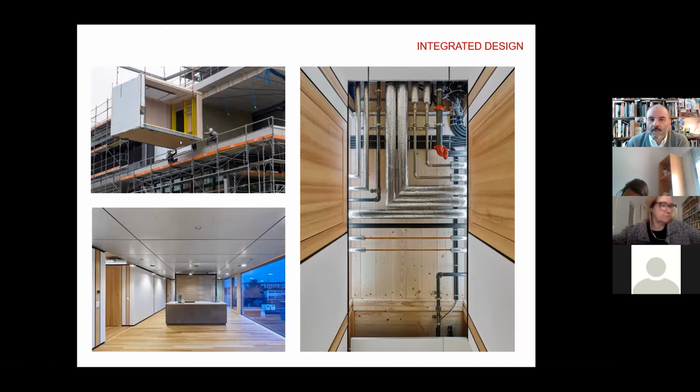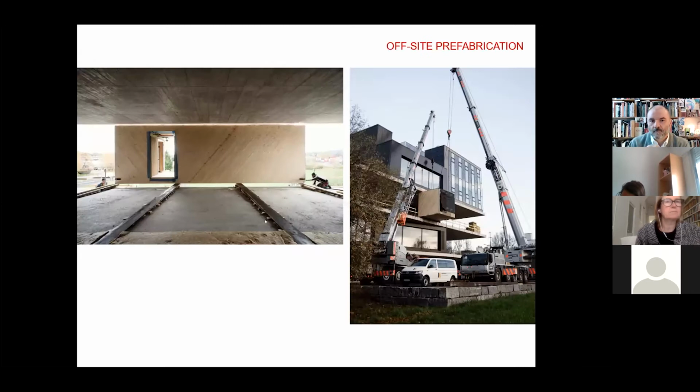So the building is totally built outside, prefabricated outside. The modules are coming from the factory. They are set on site. They are finished. And as you see on the right side, all the installations are totally integrated. So this is a totally integrated design in order to obtain an open design system.